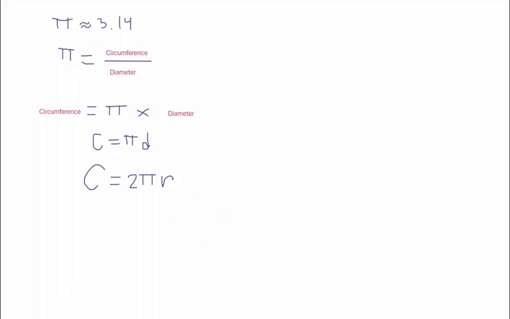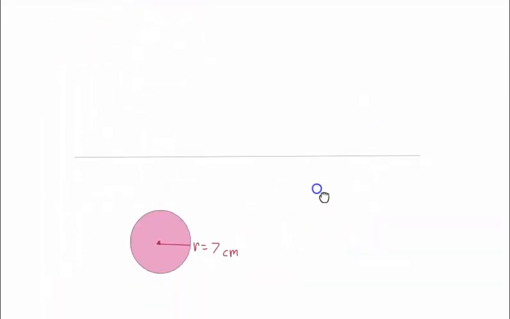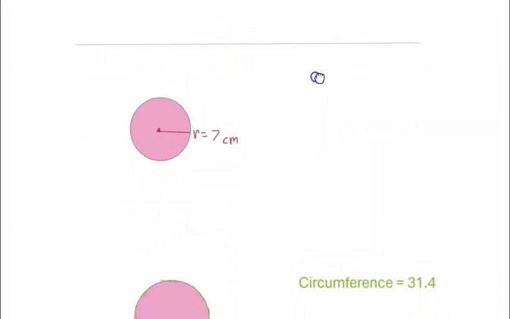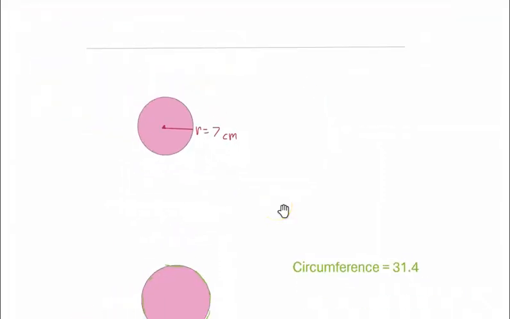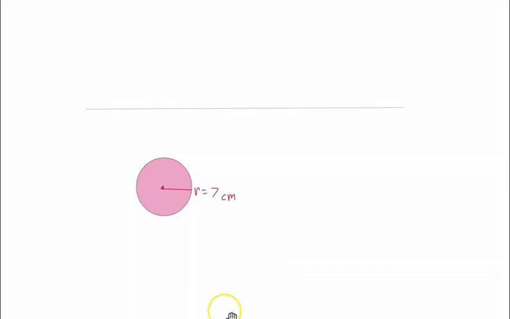Okay, so now that we know this for sure, we can scroll down here, and we're looking at our first example problem right up here. In this new circle, we can see that the radius is equal to 7 centimeters. This is what we're given.